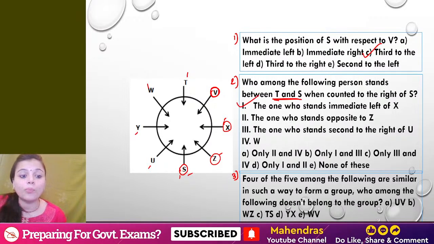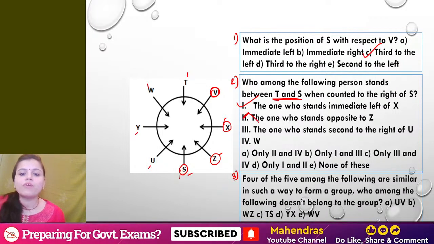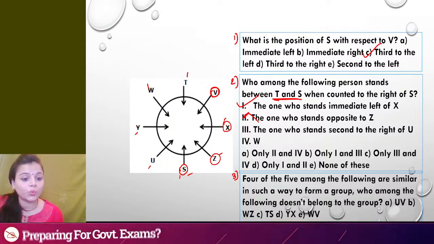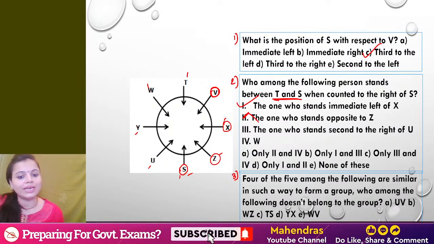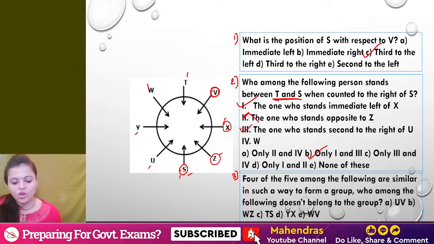The one who stands opposite to Z? No. The one who stands second to the right of U? Yes. And W? No. So your answer will be 1 and 3, which means option B. Option B is the right answer.